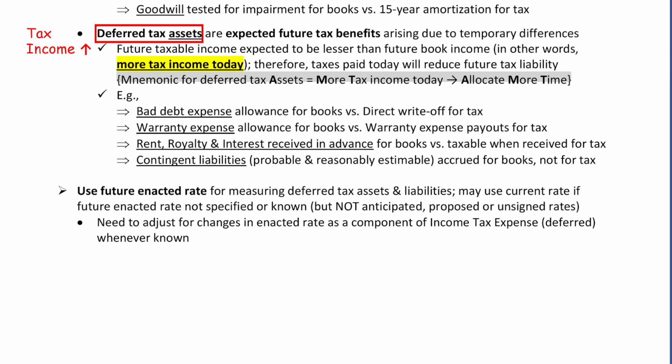So it's a prepaid asset, a deferred tax asset. So right there, tax to be incurred later, but paid today. It's a prepaid asset. And to measure deferred tax assets and liabilities, you're going to use highlight future enacted rate.